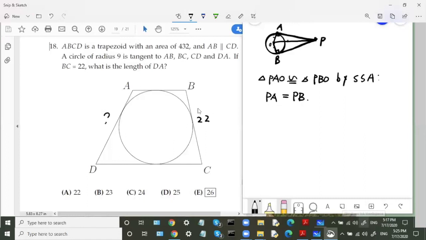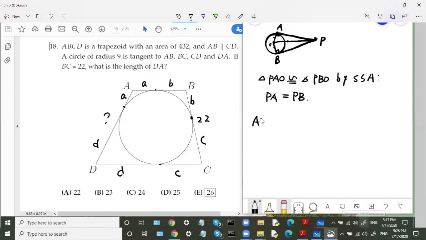So if a point is outside the circle and we draw two tangent lines, the lengths of these two tangent lines are equal. So then at A, we go to this tangent point. If we say the length is a, then we have the same length here, a. And at B, we have the length b here. And at C, we have the length c here. And at D, we have a length d here.